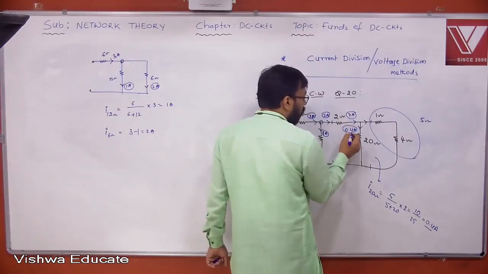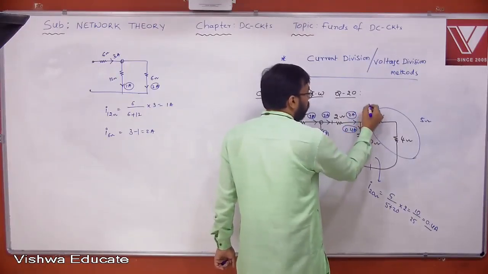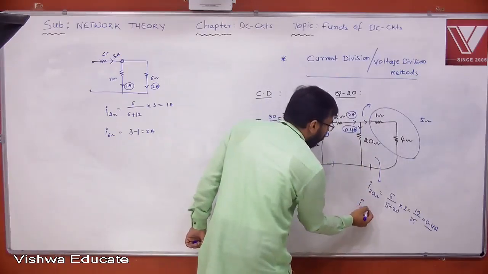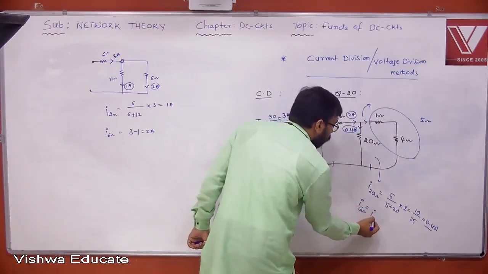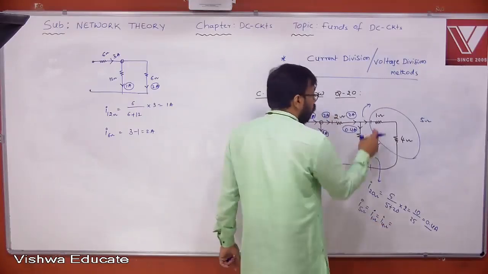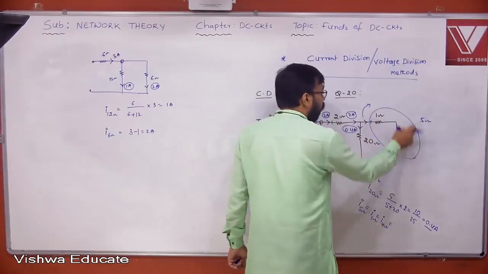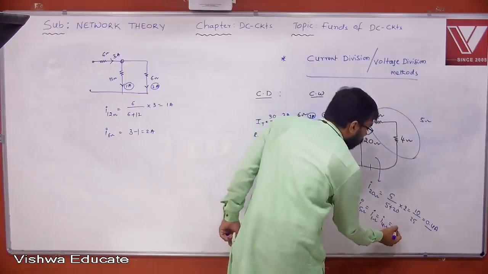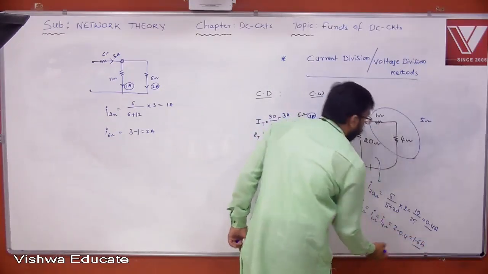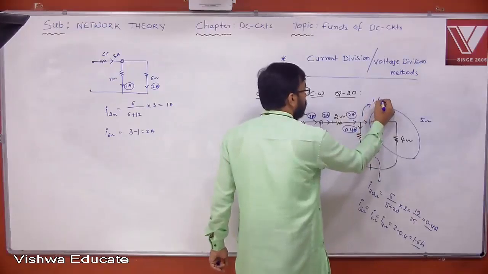If this is 0.4 amperes, then what is it going to be? The remaining current flows through 5 ohm. The current through 5 ohm is the same as the current through 1 ohm and the current through 4 ohm because they are in series. Current through 1, current through 4, current through 5, all are the same. That is 2 minus 0.4, that is 1.6 ampere. Now therefore this is 1.6 ampere.